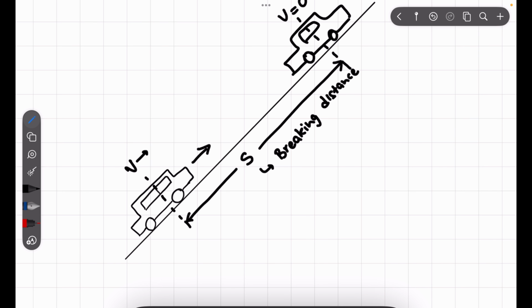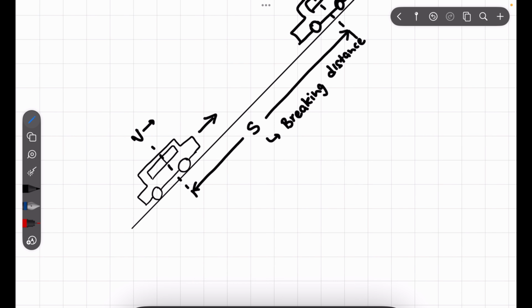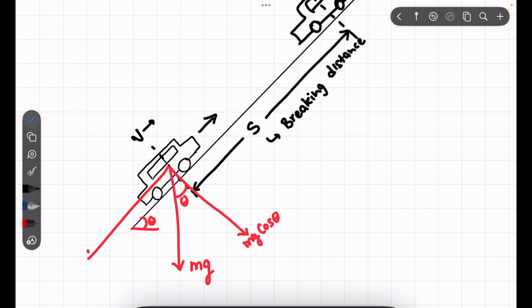We know that the weight of the vehicle, mg, will be acting downwards. If we bifurcate the components, with this angle theta, we have mg cos theta as the normal component, and then we have mg sin theta. Along with that, we have the friction force that is going to work in our favor, that is, it will help the vehicle to stop.